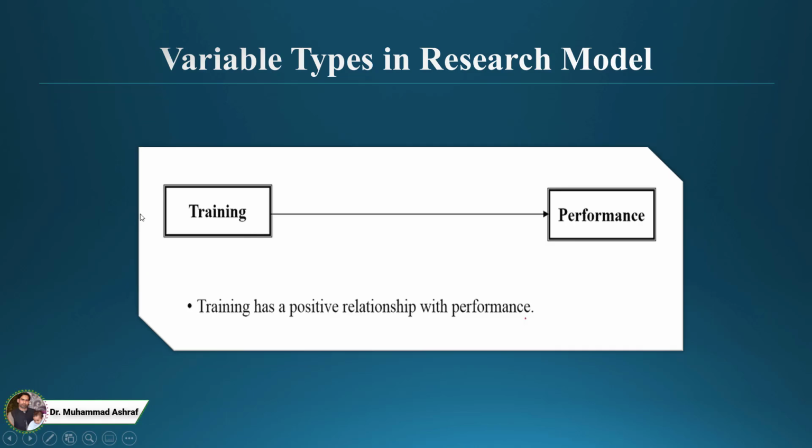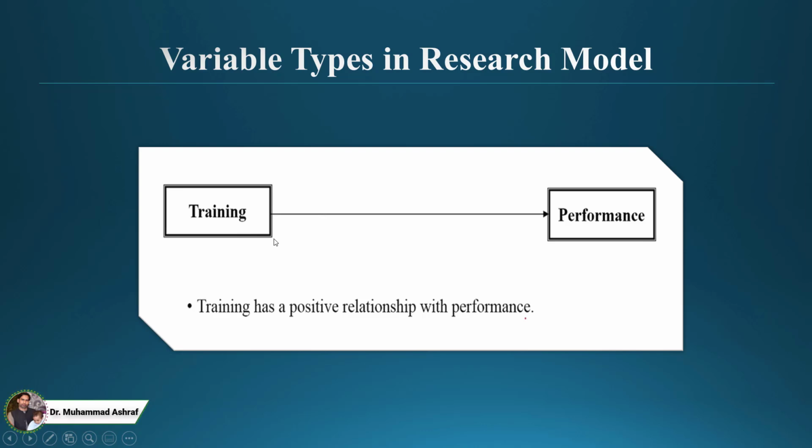Here in this example, we can see that training has a positive relationship with performance, or in other words, training has a positive impact on performance. So performance is the dependent variable and training is the independent variable.